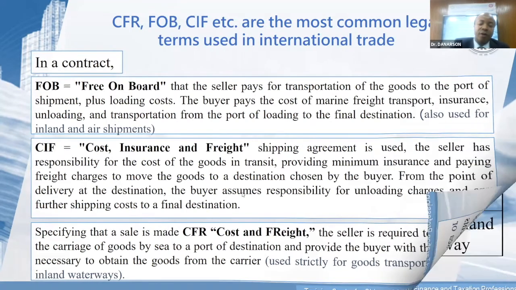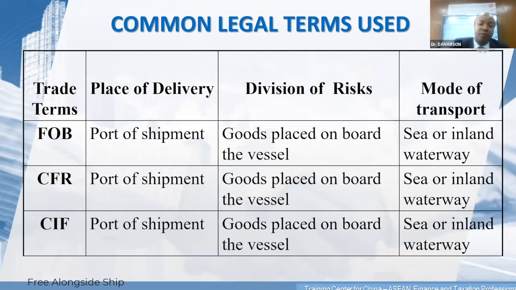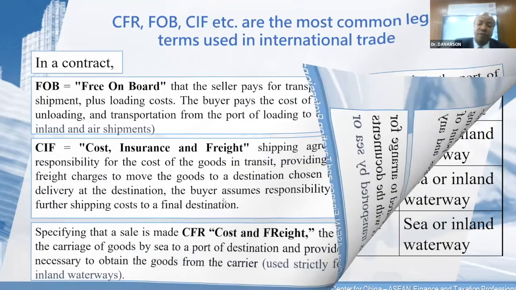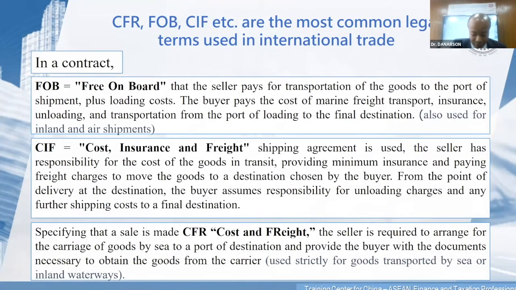So when insurance is paid and something happens, that insurance covers the cost that might otherwise be taken out of your pocket money or the treasury of your company. The other one is CFR, cost and freight.